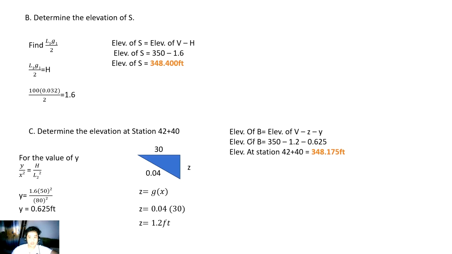So, for the elevation at station 42 plus 40, we're going to use the formula elevation of B minus Z minus Y. So, substitute 350 minus 1.2 minus 0.625 will get 348.175 feet bilang elevation at station 42 plus 40.